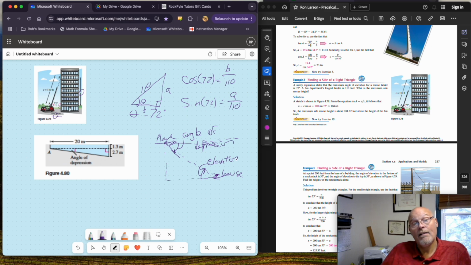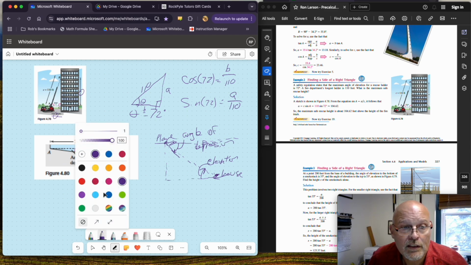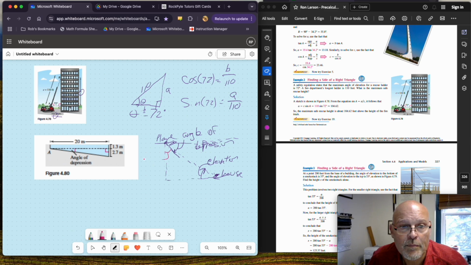Once you find that, all we're doing is setting up the triangle to turn it into a simple triangle. And if they're asking for this other angle, let me change the colors here. If they're asking for this angle, this is going to be 90 minus the angle of depression, because this is a right angle and they're complements.